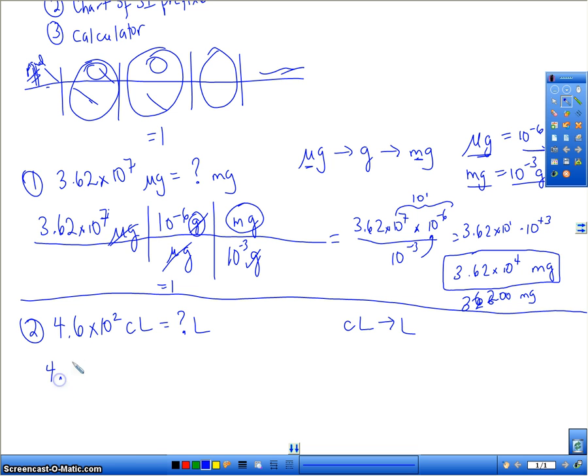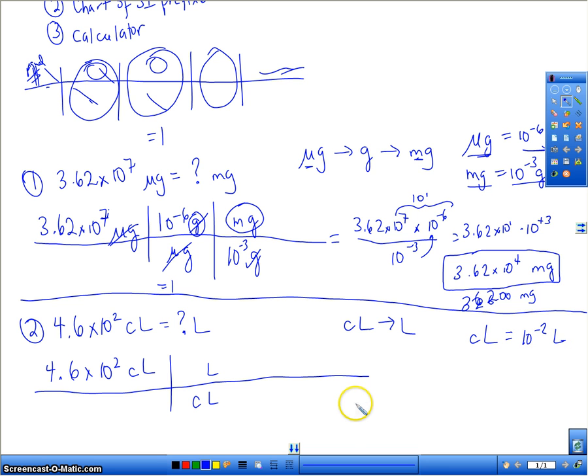So I'm going to start at 4.6 times 10 to the 2 centiliters, and I'm going to set up a chart that cancels centiliters and gets me into liters. I have to go look up what the centiliter is. When I look up centi, I see that centi is 10 to the minus 2, so a centiliter is 10 to the minus 2 liters.